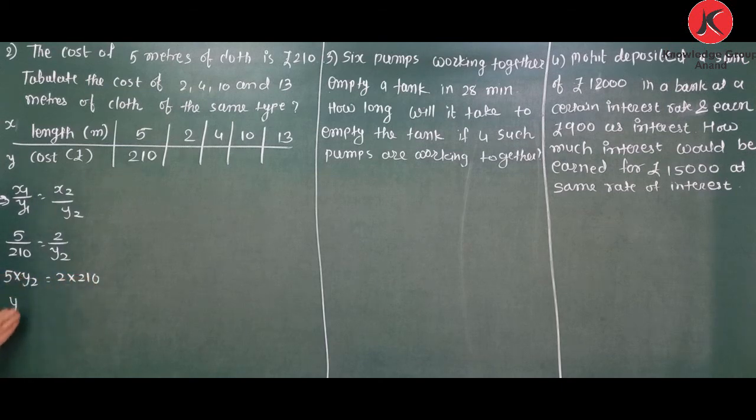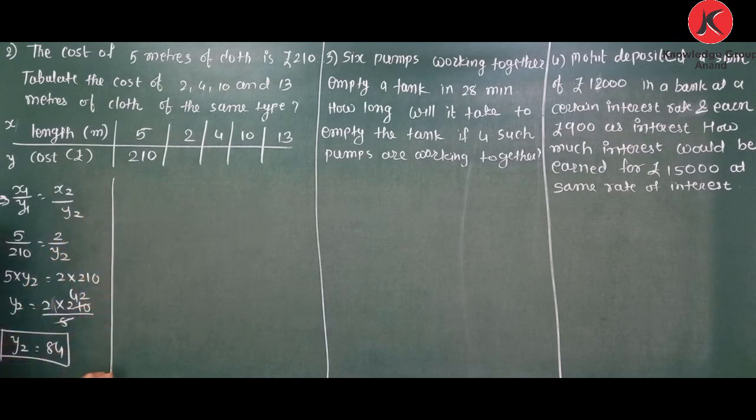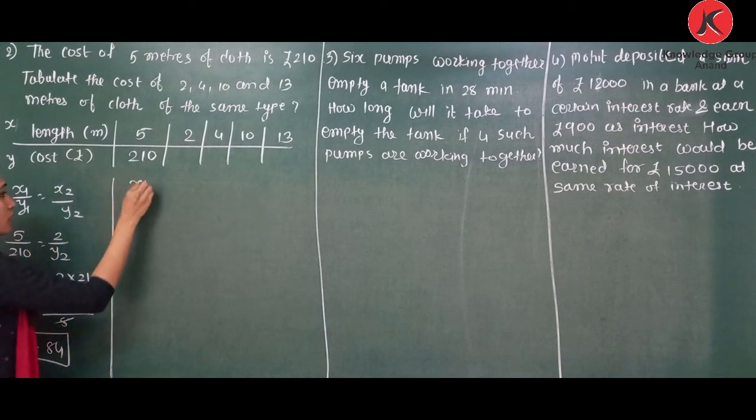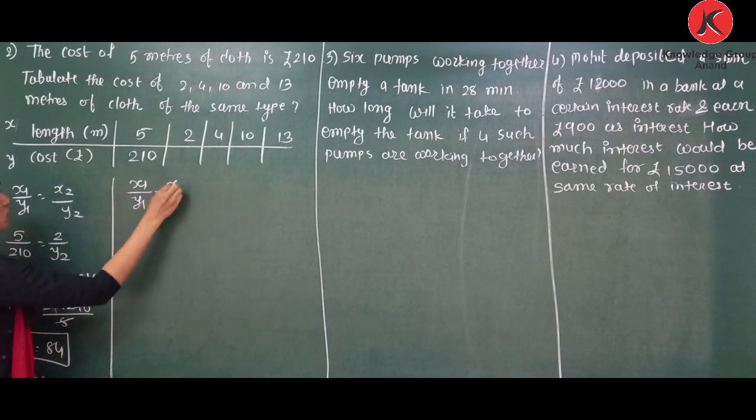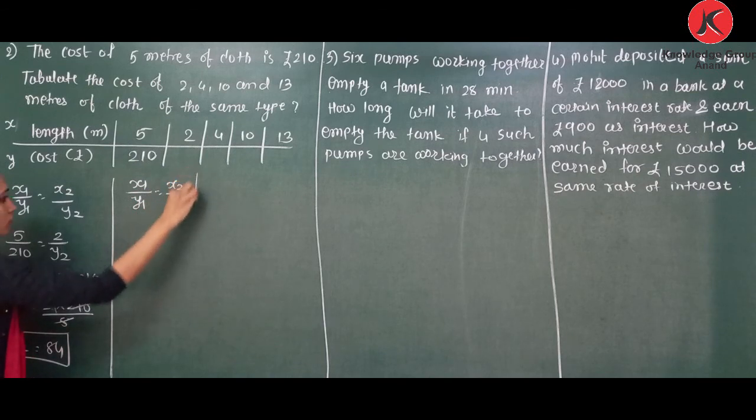Take 5 to divide. So it is 84. Now for the next one, x1 divided by y1 is equal to x2 divided by y2.